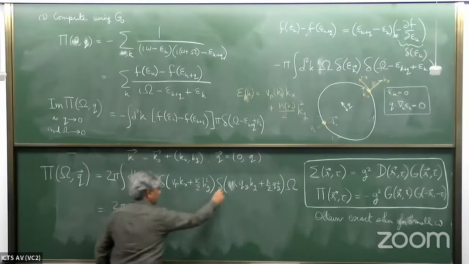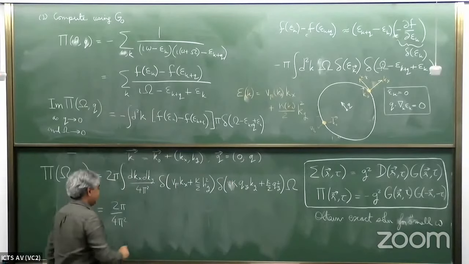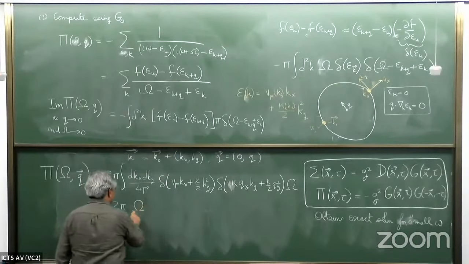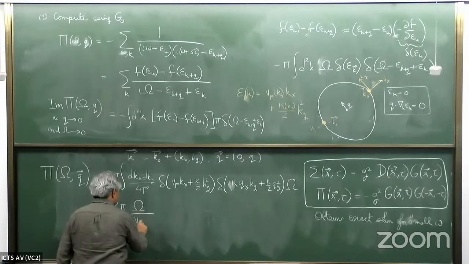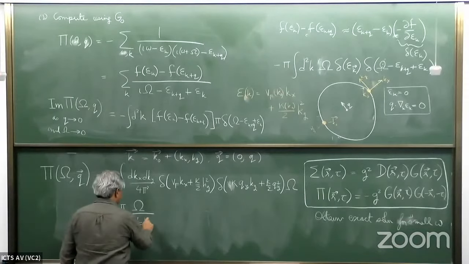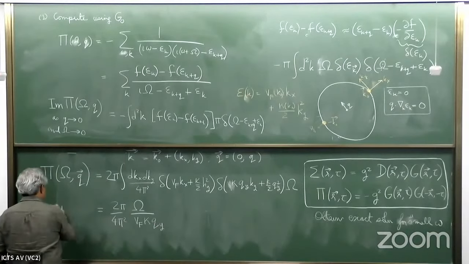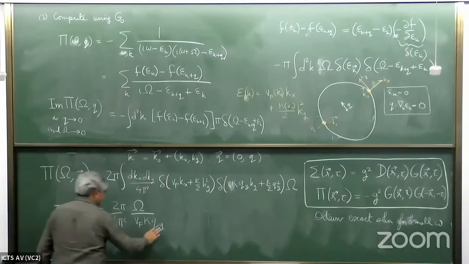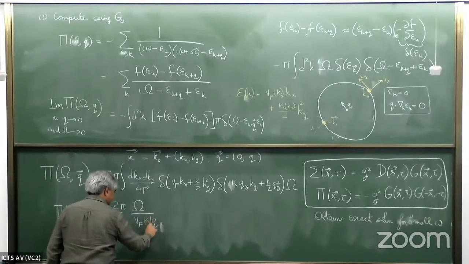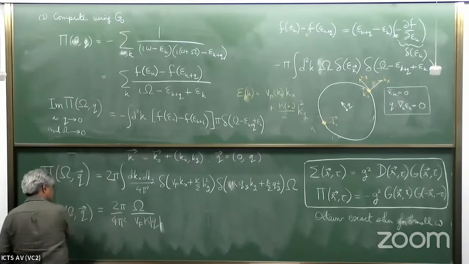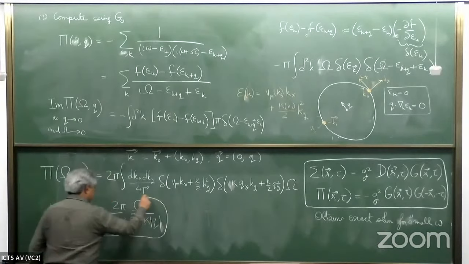You could put the omega in here too, it won't make any difference. So the omega over vf times kappa times qy. That's the answer. And in fact, this is just mod q, you can see in general, it's mod q.